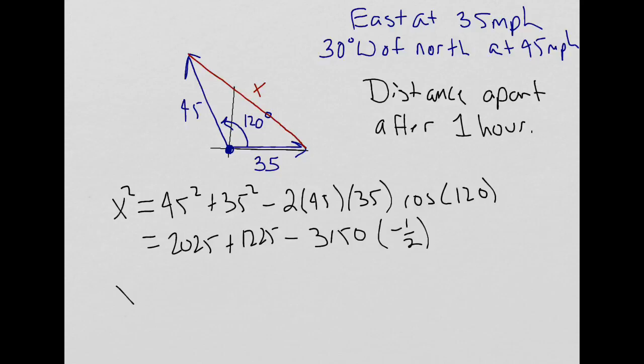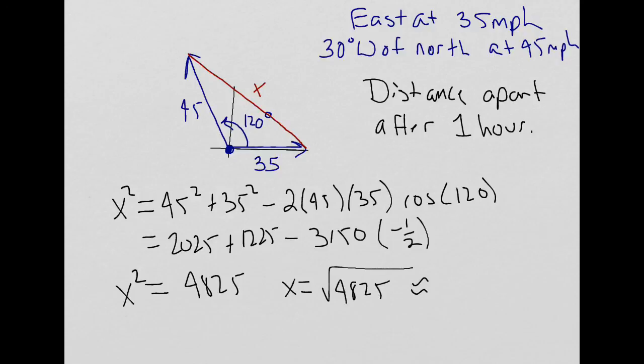Compute all that out, and we're left with x squared is 4,825. So x is the square root of 4,825, which if you plug that into a calculator and round it off, you get it's about 69.46 miles.